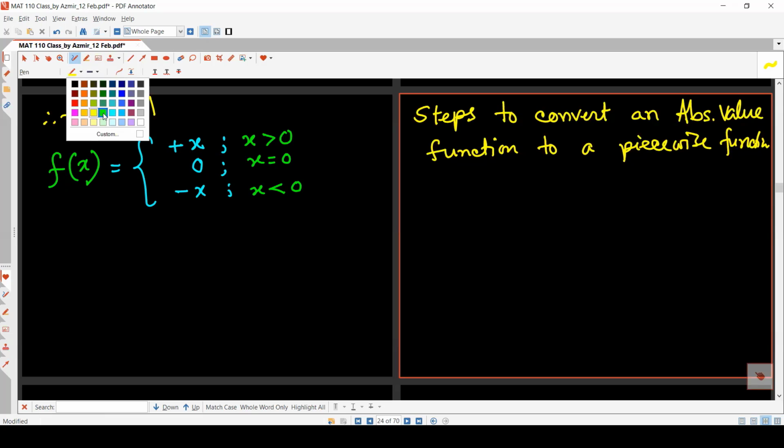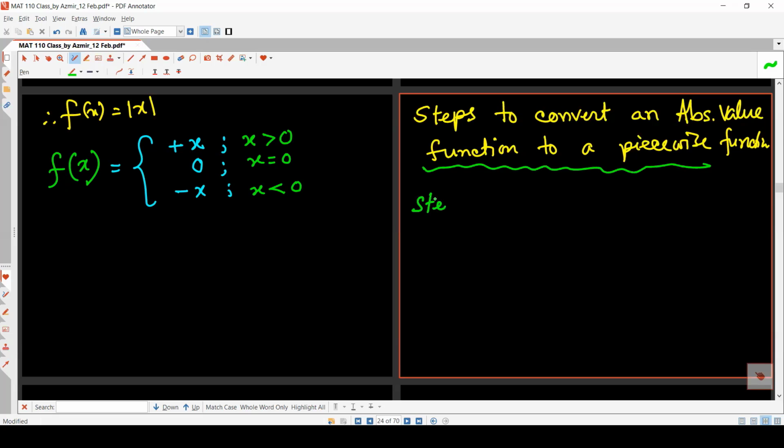So step 1. You may have a general function, let's say modulus of x minus a. It may be also x plus a. Let us work with x minus a.